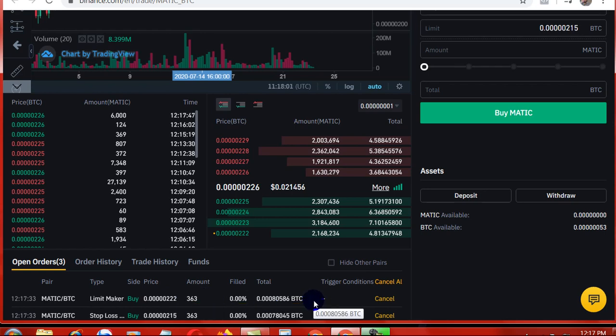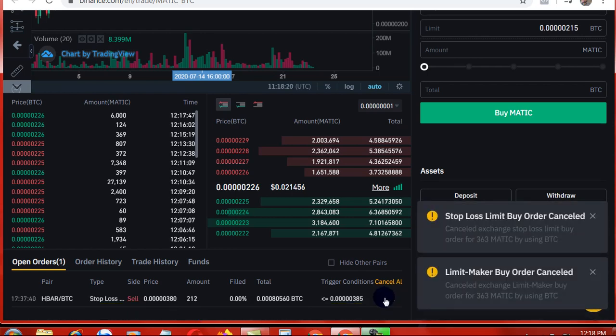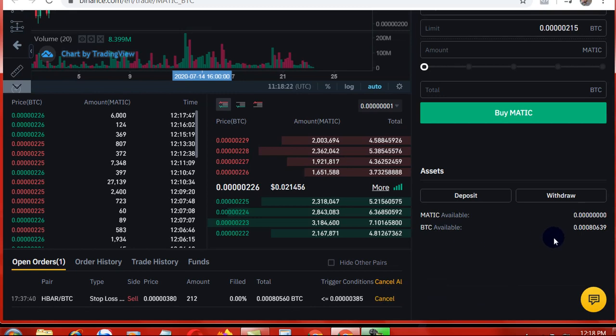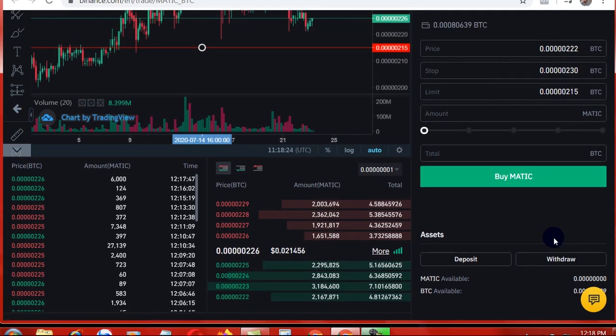But whichever one it gets to first, one will cancel the other order. So that's how that works. Should you want to cancel any of the orders you just placed on OCO, once you cancel one, the other one also cancels on its own. You can see the two orders have been cancelled. So that's how OCO works.